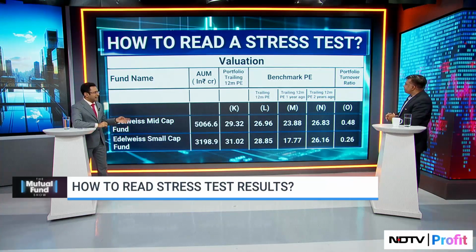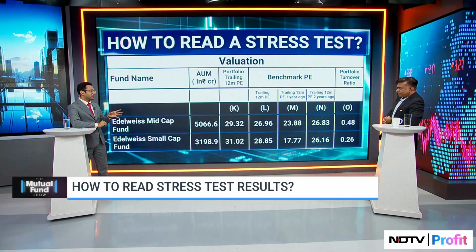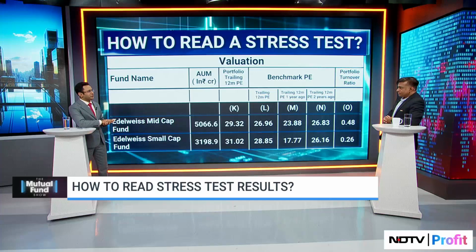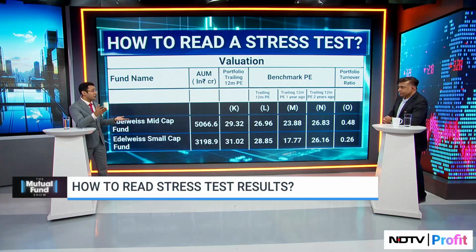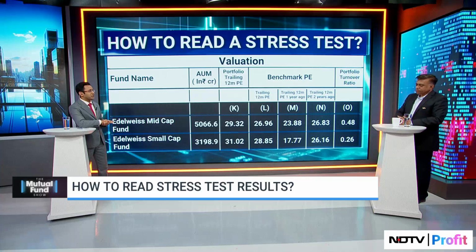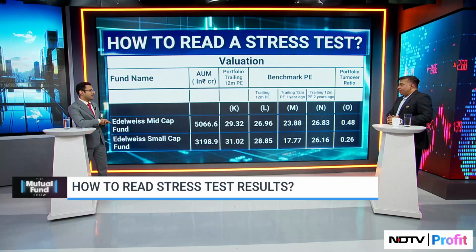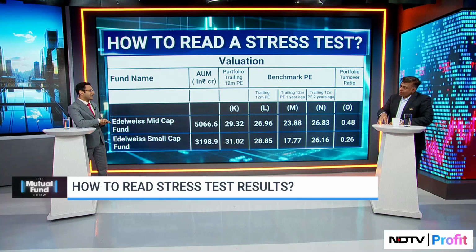So, having said that, and I see that your readings are more or less where you're comfortable, there are some that have purported that there is a little bit of a stretch, if I can call it that. Some have used the word froth in the valuations. What is your own opinion in the broader market? My sense is that within the mid and small cap space, there are pockets of irrational exuberance.